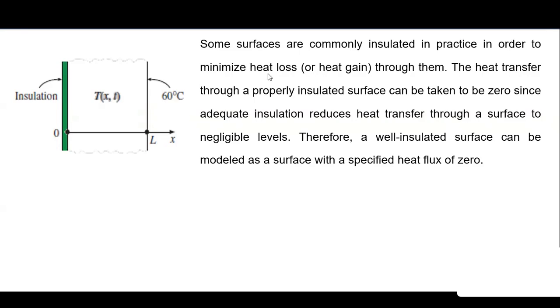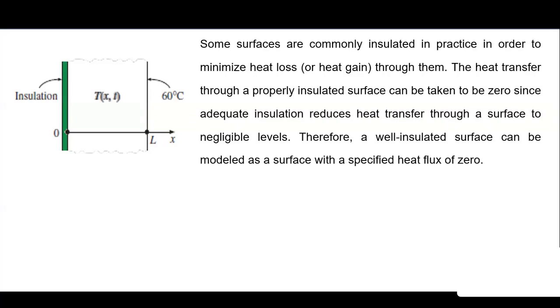If insulation is provided, we can assume that the heat loss or heat gain from that side is equal to 0. The heat transfer through a properly insulated surface can be taken as 0 since adequate insulation reduces the heat transfer through the surface to a negligible level. It cannot be 0 in real life, but it is going to be very small and can be ignored.